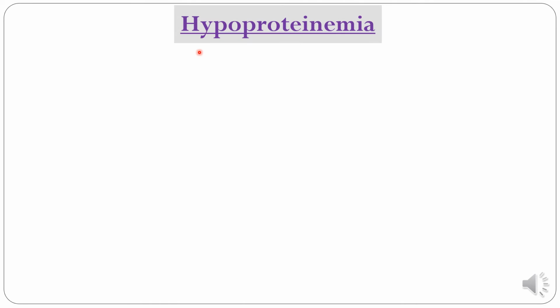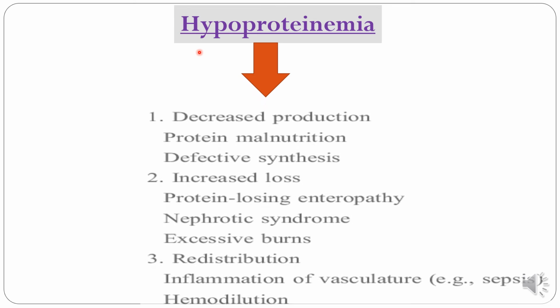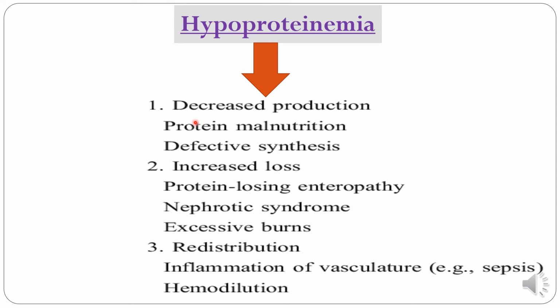The causes of hypoproteinemia are categorized into 3 chief causes, that is decreased production, increased loss or redistribution. The decreased production may be due to protein malnutrition or defective synthesis, whereas increased loss can be due to protein losing enteropathy, nephrotic syndrome, or excessive burns.